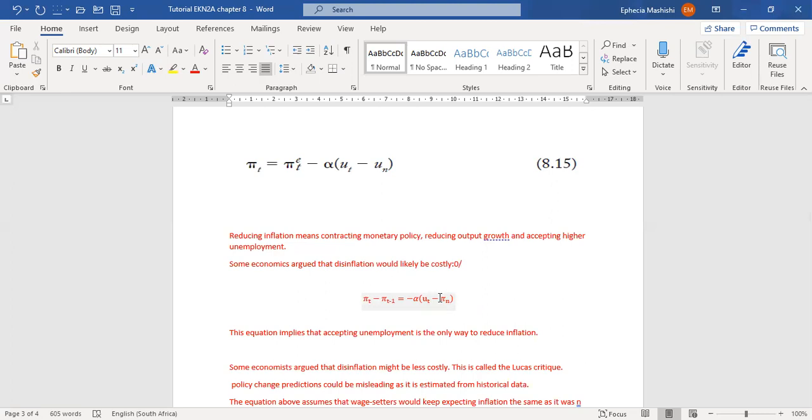And their argument was that if the central bank was actually committed to lower inflation, wage setters might as well expect inflation to be lower in the future than in the past, okay? And wage setters would therefore decrease their expectations.